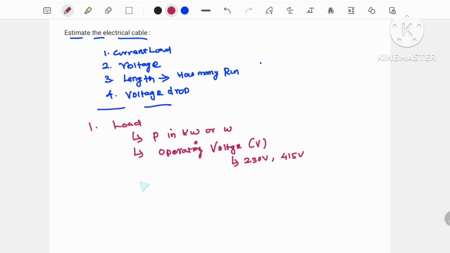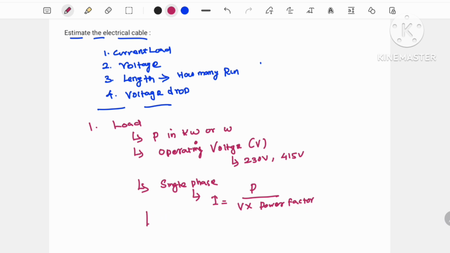So now we are going to calculate the current rating. We have two formulas. First, single phase. What is the formula? I equal to P by V into power factor, right?